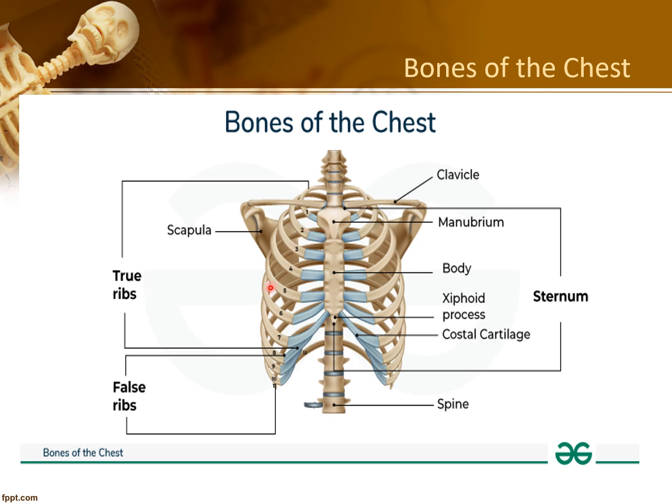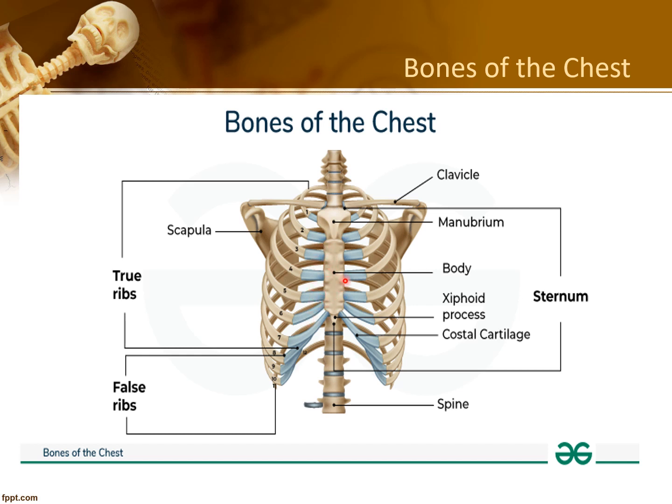The ribs form the thoracic cage through the 12 pairs of ribs. Ribs are flat, narrow, and curved in shape. The ribs are numbered from 1 to 12, corresponding to the vertebrae present in the back, and anteriorly the ribs are attached to the sternum through the costal cartilages.